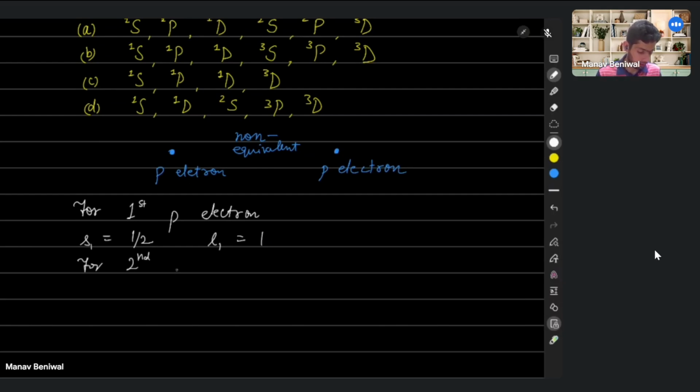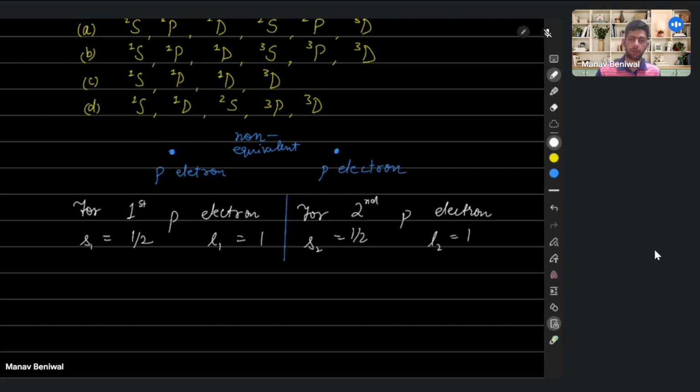For the second p electron, S2 is half and L2 is 1.